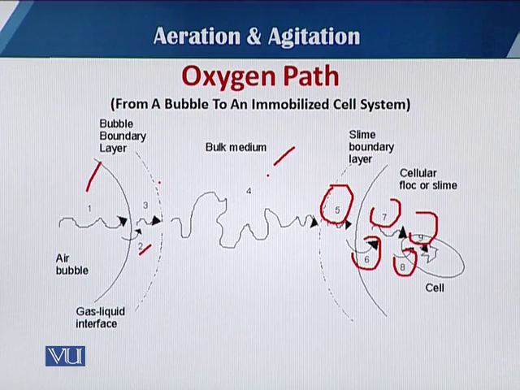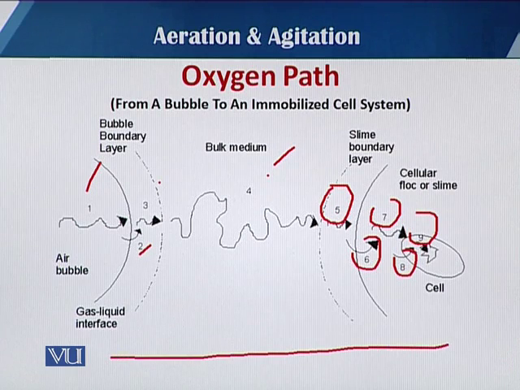These are the 9 different steps and phases involved in oxygen from the air bubble to the mitochondrial site. First is the air bubble, then the gas liquid interface, then the bubble layer, then the bulk medium, the slime boundary layer of the cells, then the cell wall, then the cellular floc or slime, then the mitochondrial wall. So 9 different steps have to be passed from the air bubble to the destination where the oxygen is utilized.